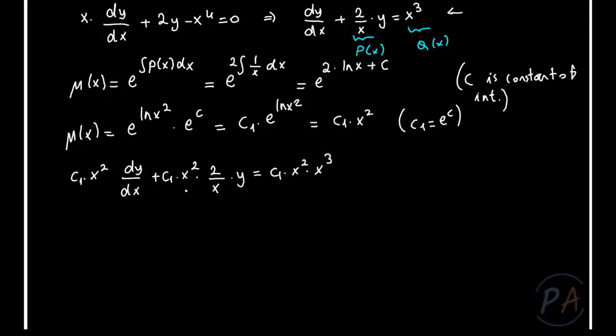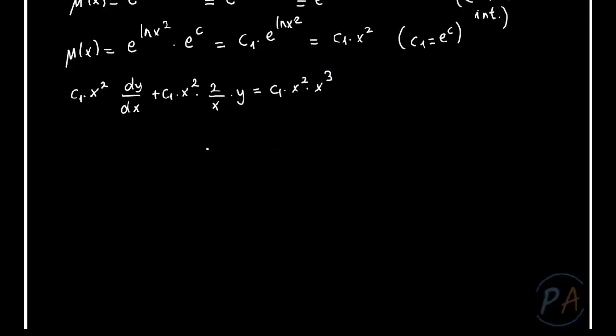So the left hand side of the equation can be rearranged as c1 times x squared dy over dx plus 2xy equals c1 x to the power 5. And here you see that c1 can be cancelled from both sides.